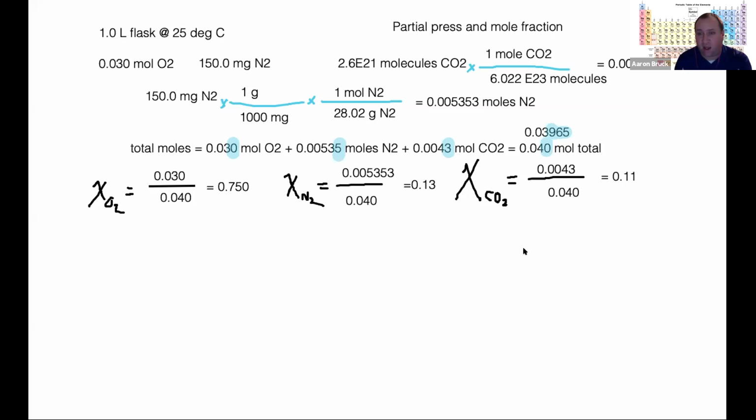And especially considering how much we rounded off this 0.04 on the bottom, it would be just as acceptable to use that subtraction concept and end up with a value of 0.12 here for carbon dioxide, because we said that it was going to be equal to 1 minus the 0.75 of the oxygen and the 0.13 of the nitrogen.